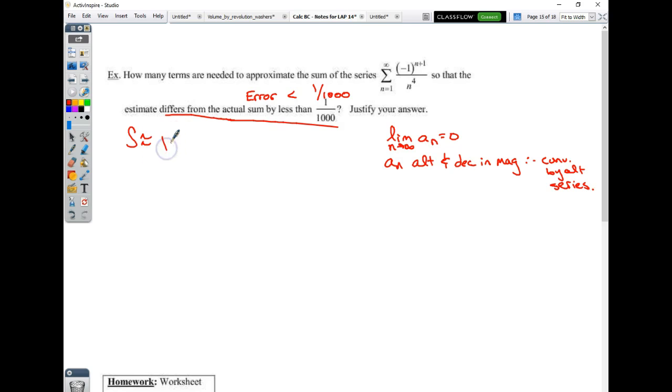You said it was 1. I agree with that. Next term: 1/16, plus 1 over, oh golly, 9 times 9, 81. That's not bad. Minus 1 over 64 times 4, 256.